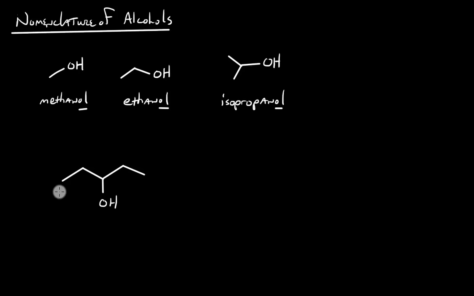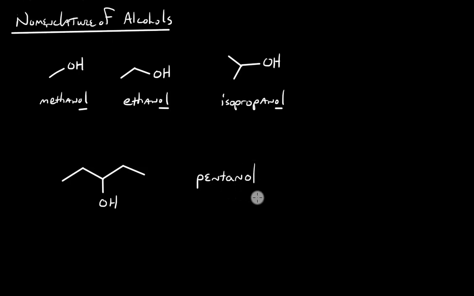So we could call this a pentane, except for the fact that we now have an OH or an alcohol. So instead of calling this molecule a pentane, this ane, which indicates an alkyl group or a hydrocarbon, is going to be replaced with this OL suffix.